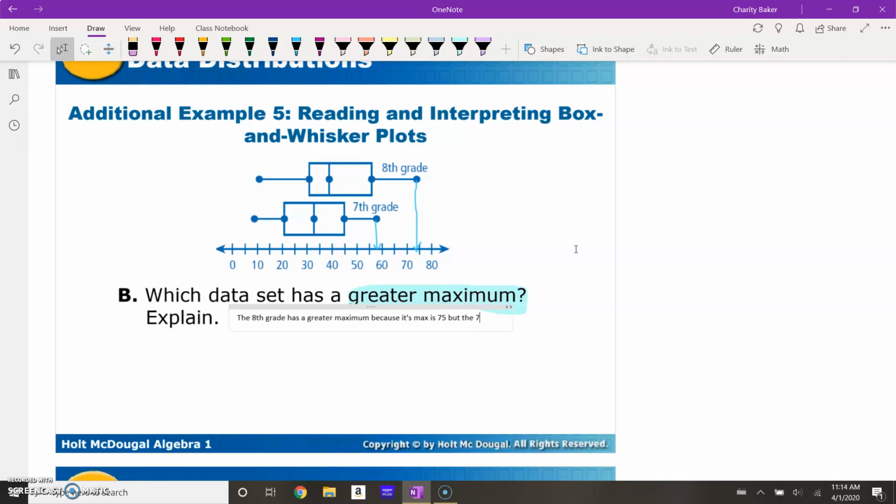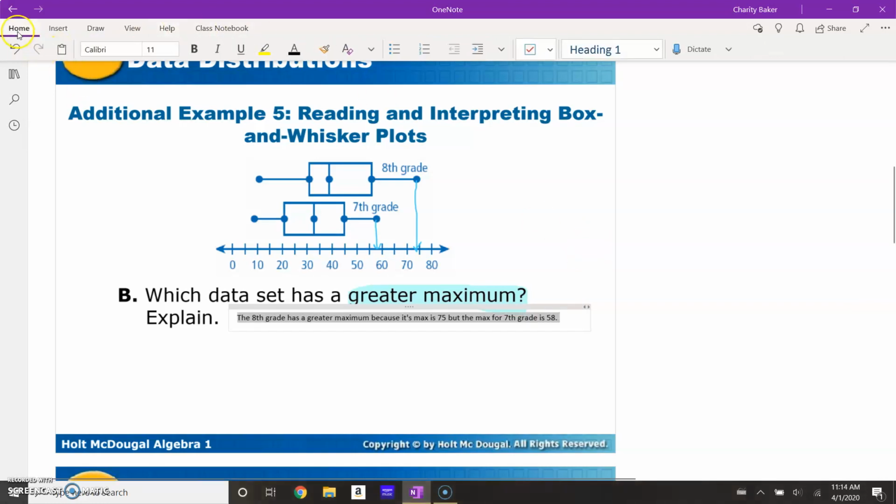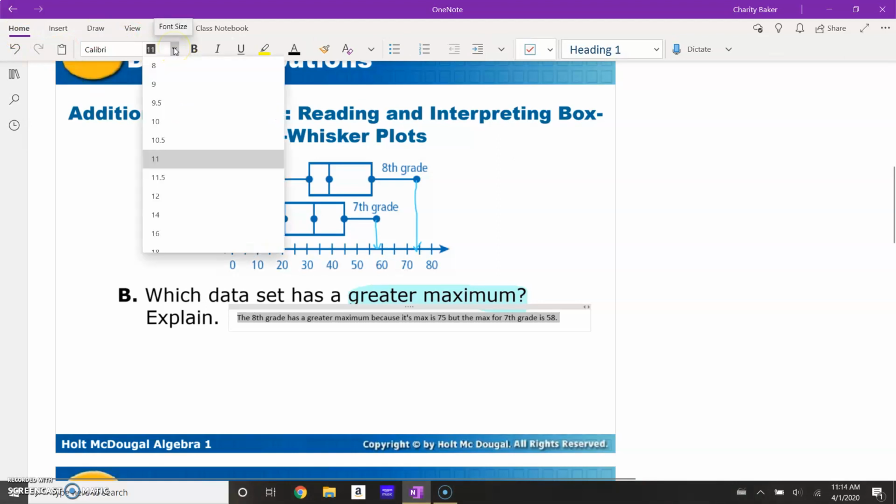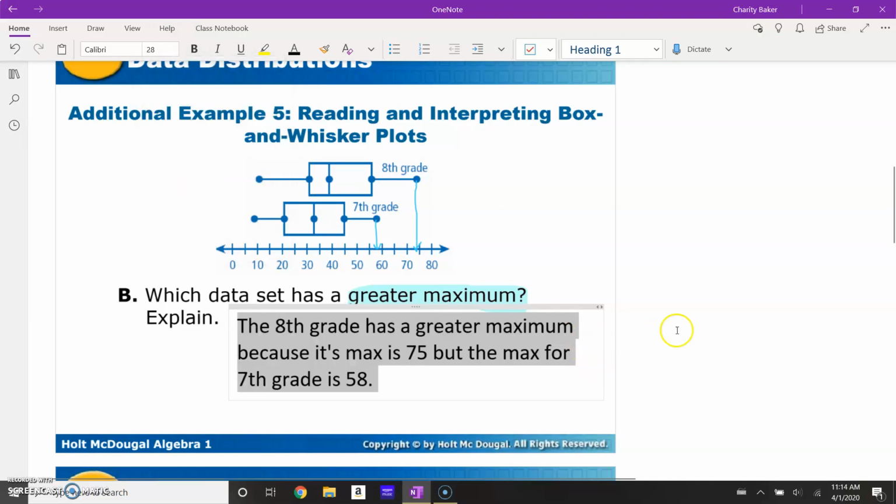But the maximum for 7th grade is, what did we say, 58? 58. So we just have to put in a little bit of an explanation. How do we know it's bigger? Well, because 75 is bigger than 58. So we have to say something. Okay, there you go.